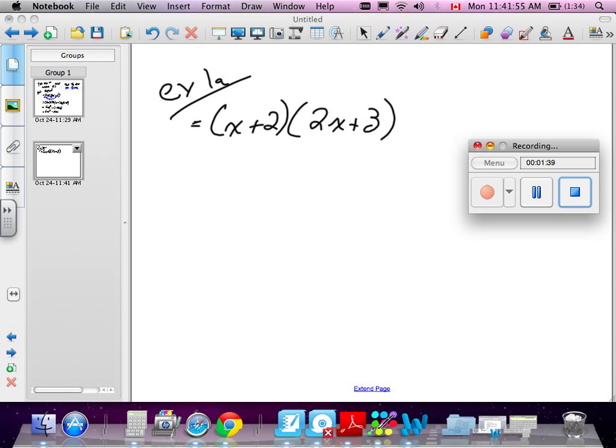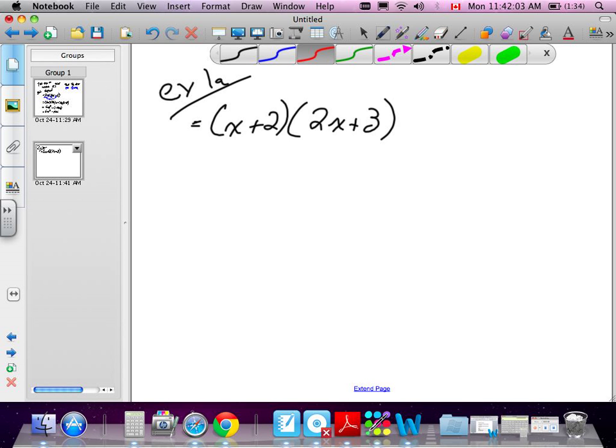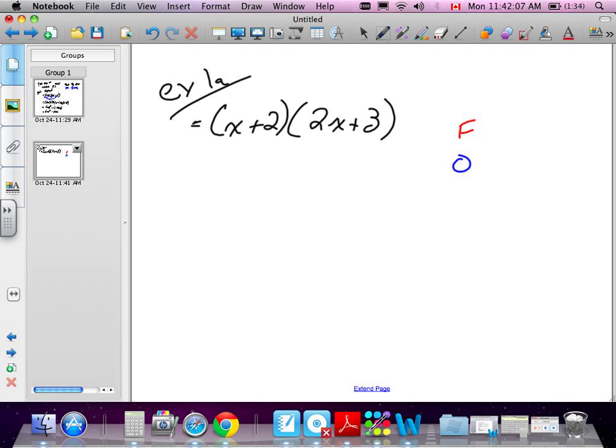Okay, we're going to be expanding once again, and it's the same idea. Now, they use an acronym for this. It's called FOIL, F-O-I-L. And this is what these things mean. F stands for the first terms.